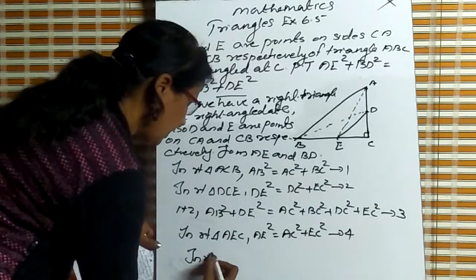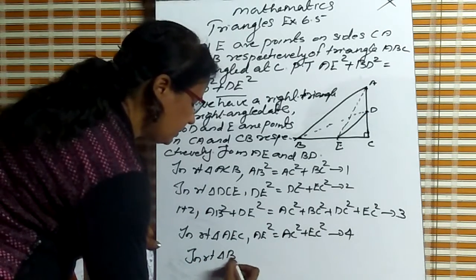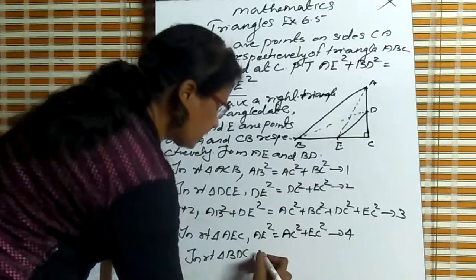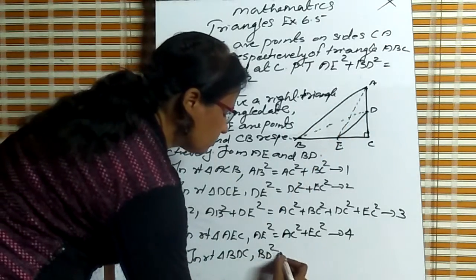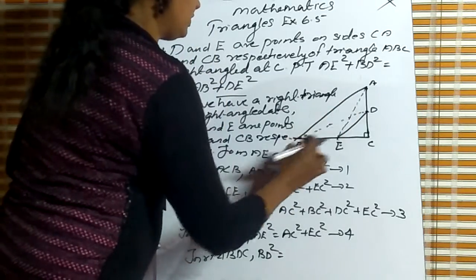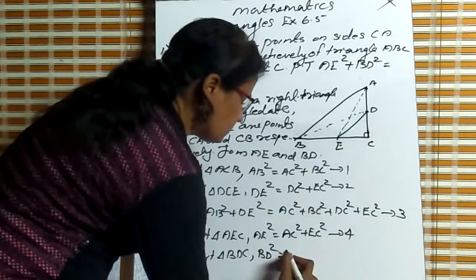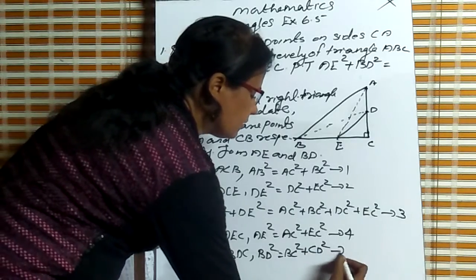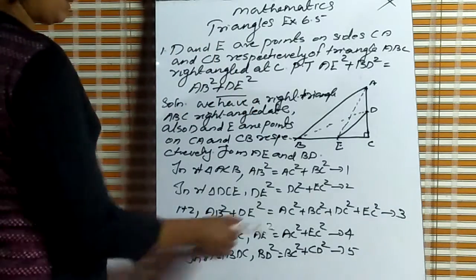In a right triangle BDC, what is the hypotenuse? BD square is equal to BC square plus CD square. Equation 5.